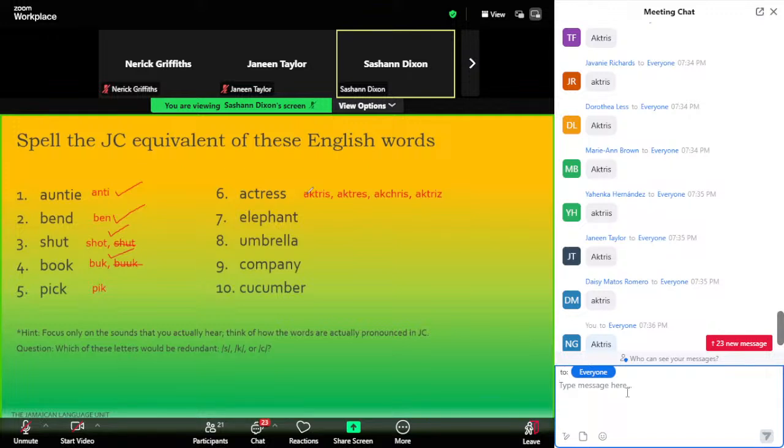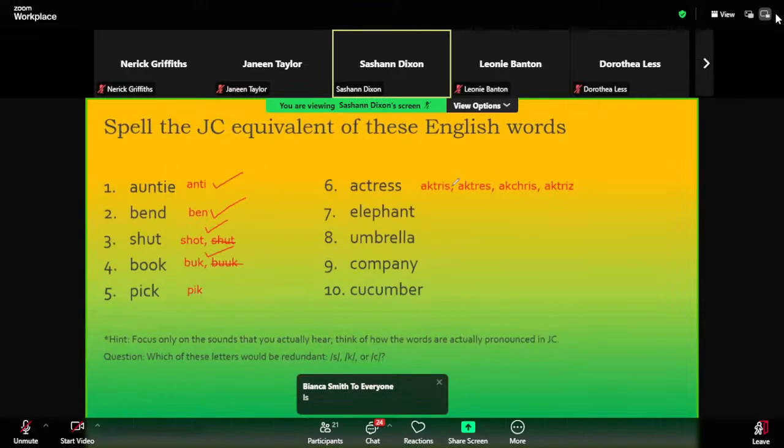But there is another dilemma because I'm seeing ES versus IS versus IZ or Z. Now, after we get past the ch hurdle, we have is, actress. So we have the r sound in there. Do we need the I or the E? That's the first thing. Which vowel do we need there? I or E? The I for the short E sound. Great.